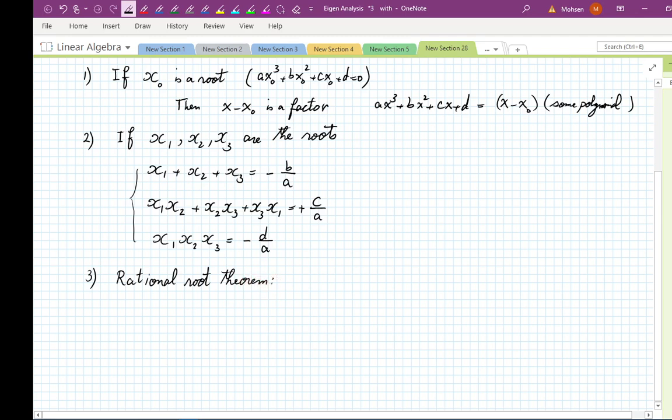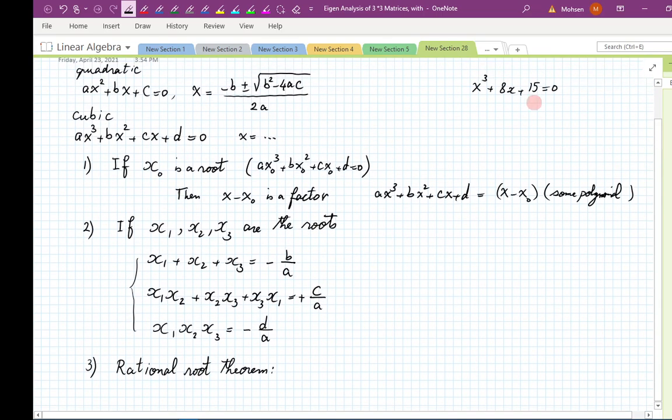Rational root theorem is a way of going after guessing the roots in an intelligent way. So sometimes you come across, excuse me, I have a mistake here. This was supposed to be quadratic. So sometimes you try to find the roots by guessing.